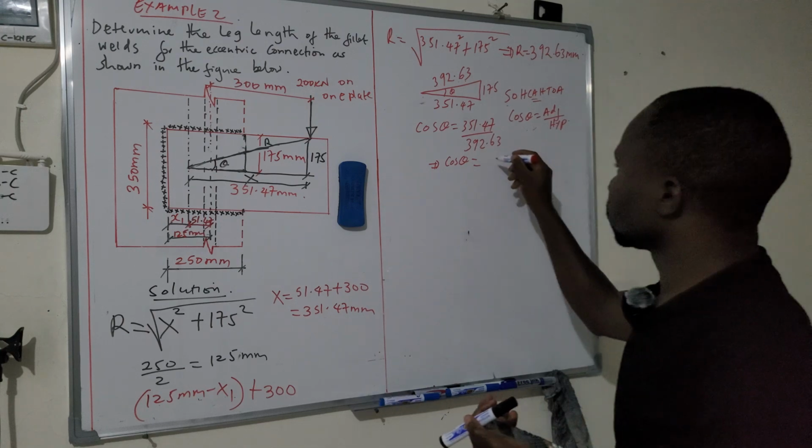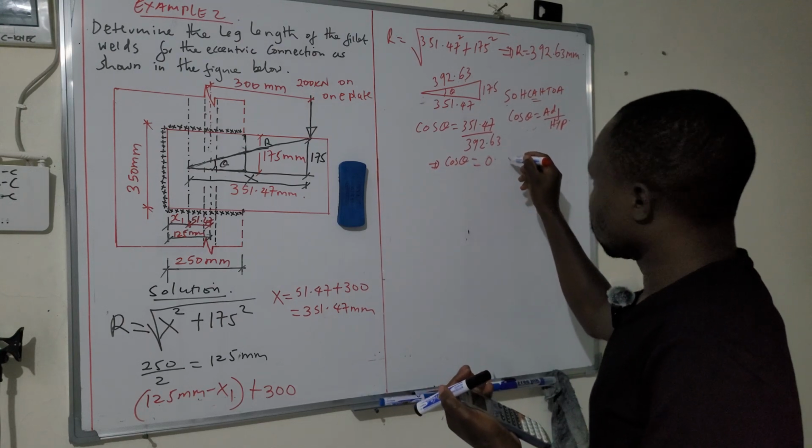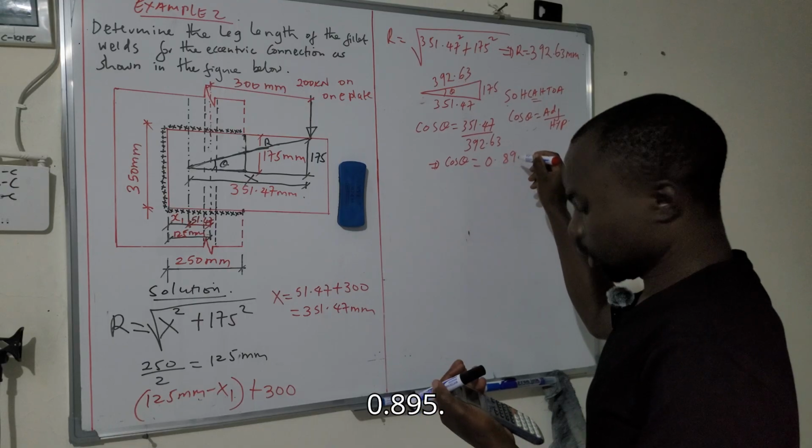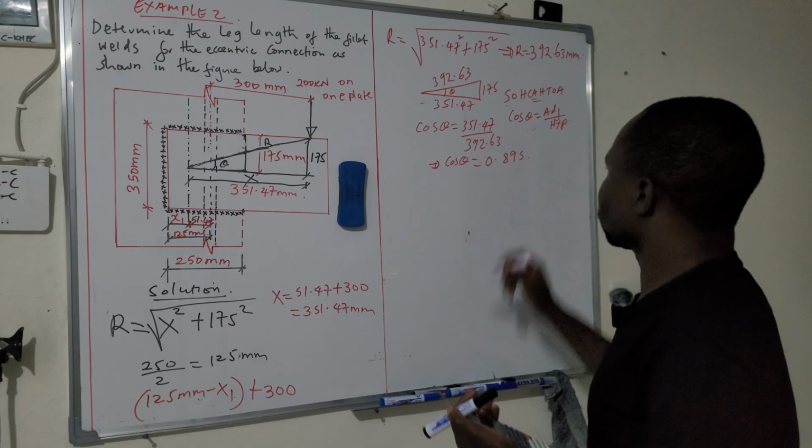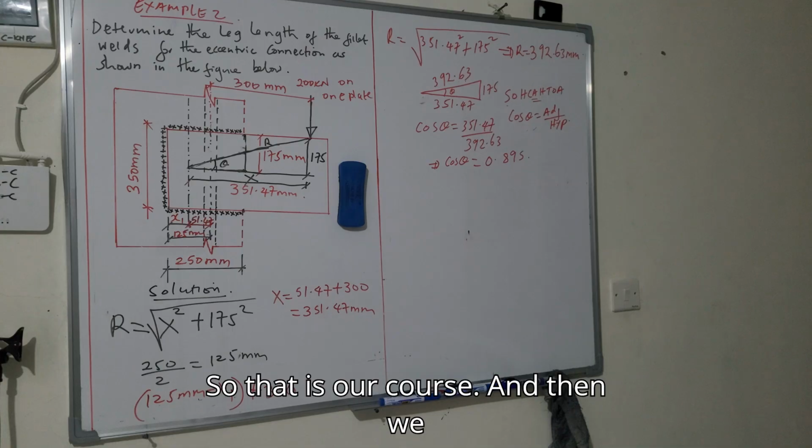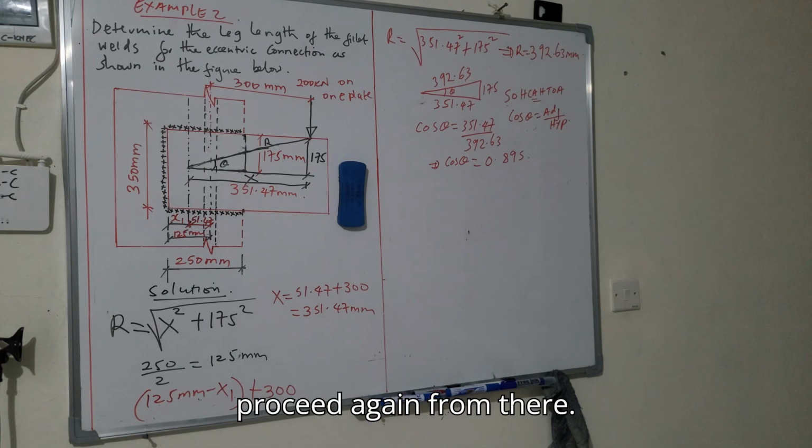So this is 0.895. So that is our cos. And then we proceed again from there.